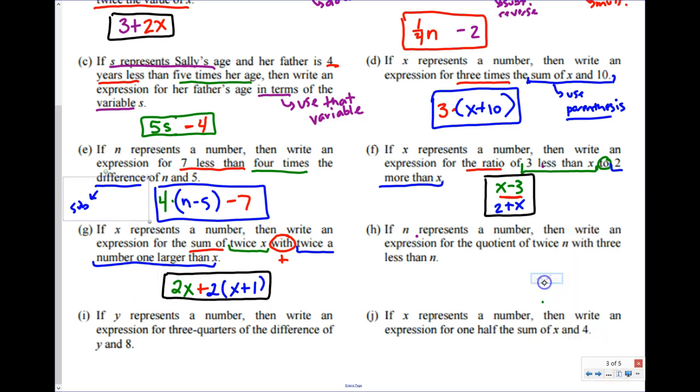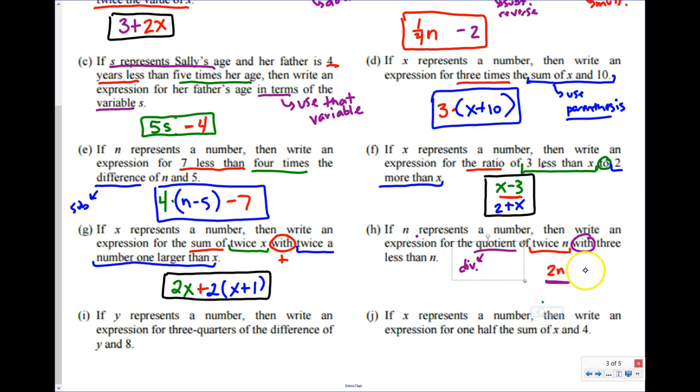H. If n represents a number, then write an expression for the quotient. What's quotient mean again? That means division. So write an expression for the quotient of twice n with, that's the big clue, that's where I'm splitting it. When I see with or and, that's my clue to split. So I have twice n on top, because it's a division, with 3 less than n.